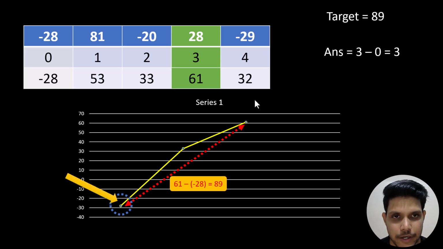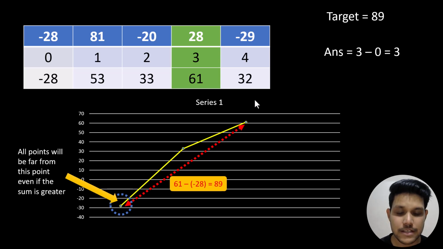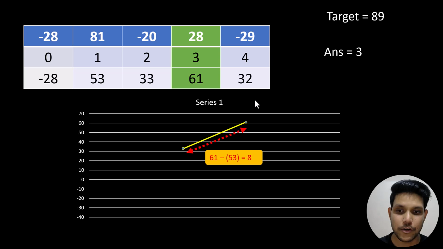From this point, all the windows will be longer, even if the sum is greater, and hence we can remove this particular value from our computation. Now only two values remain. One is index 2 with the sum 33, and the other is the current index, index 3, with sum 61. We again find the sum between the two, and we get it as 8. As it is less than the target, we do nothing and we move forward.